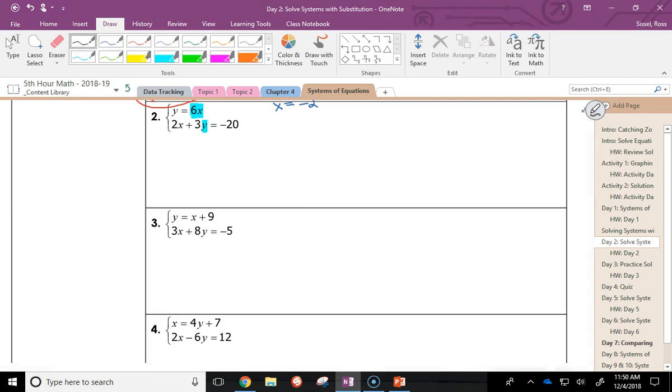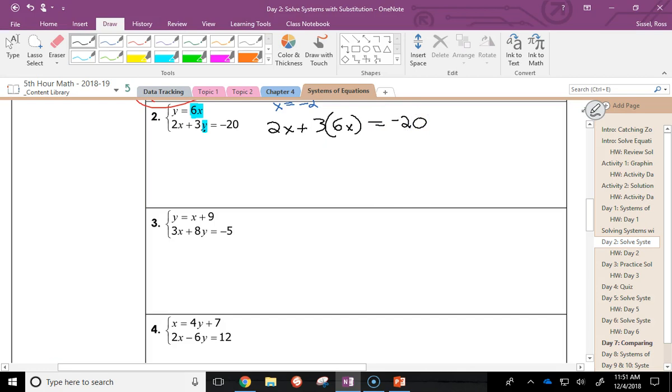Alright, so here's what we're going to do. 2x plus 3, and this is me substituting. Since it's the substitution method, I'm substituting y, and I'm putting 6x in. And that has to equal, finish my equation, -20.